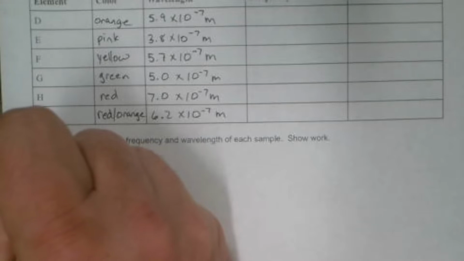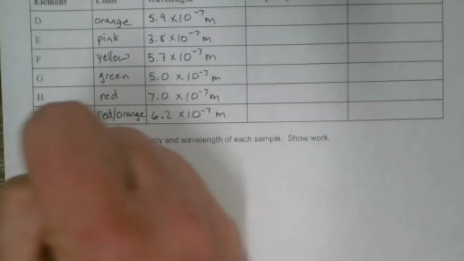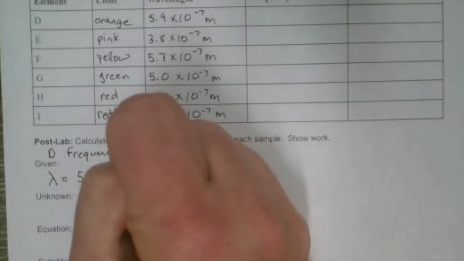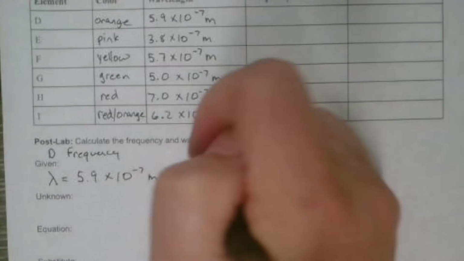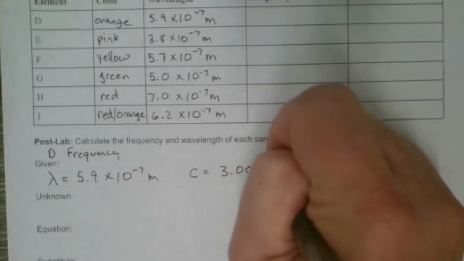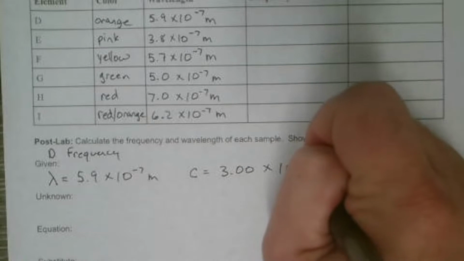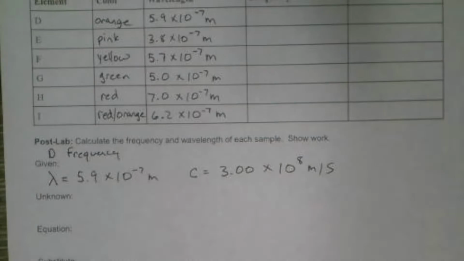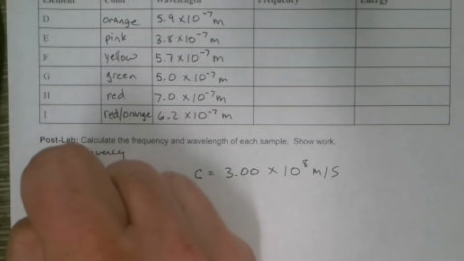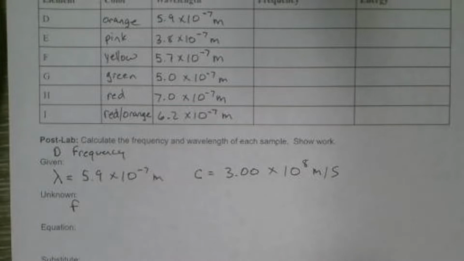One is the wavelength, and that's 5.9 times 10 to the negative 7 meters. The other thing is the speed of light, which is 3 times 10 to the 8 meters per second. What's the unknown? Frequency. That's what we're looking for.